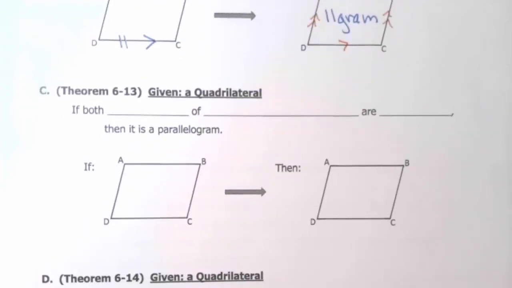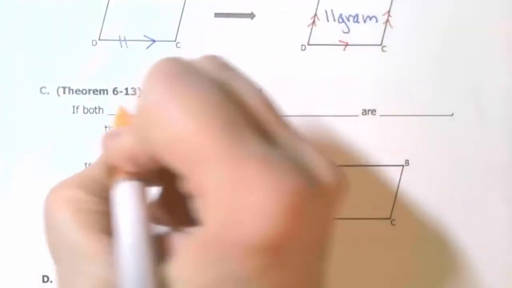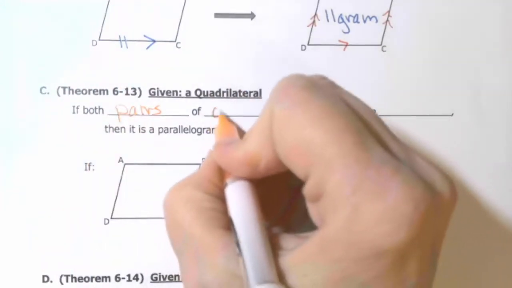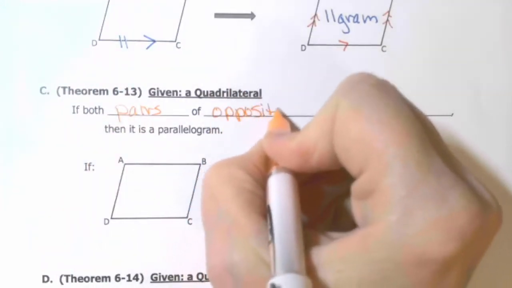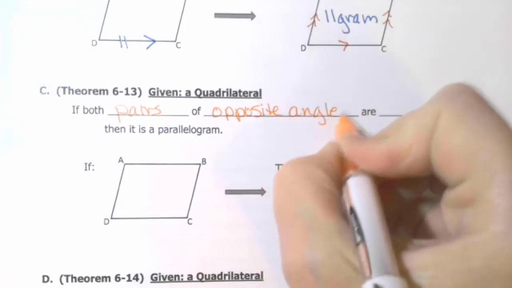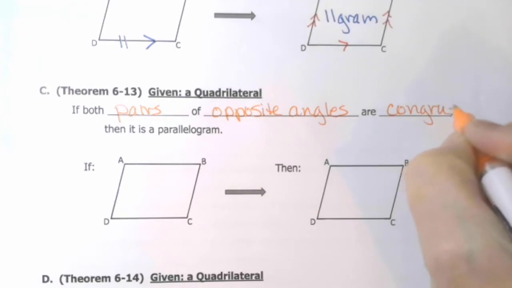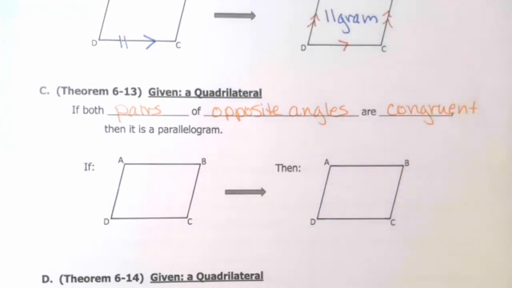Okay, Theorem 6.13, given a quadrilateral, if both pairs of opposite angles are congruent, then it is a parallelogram.